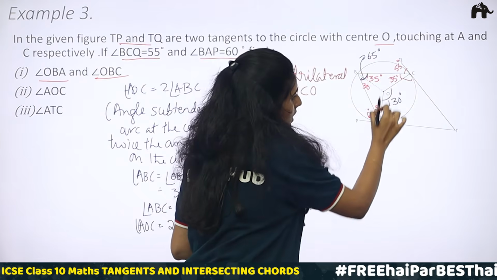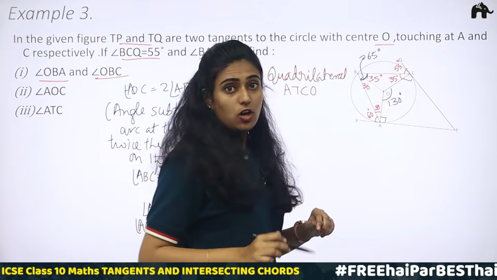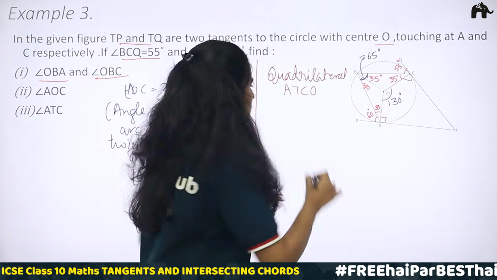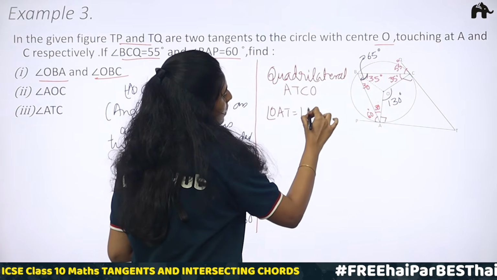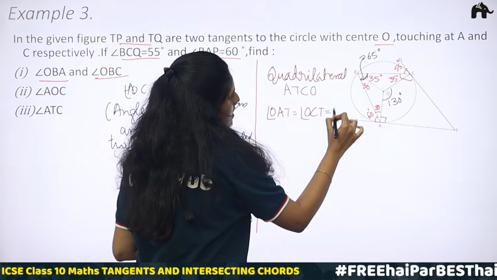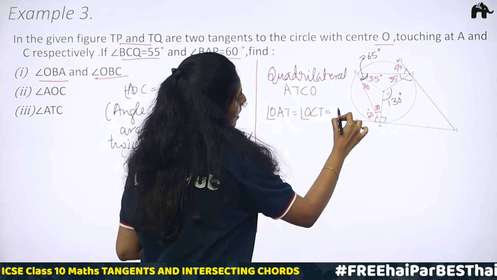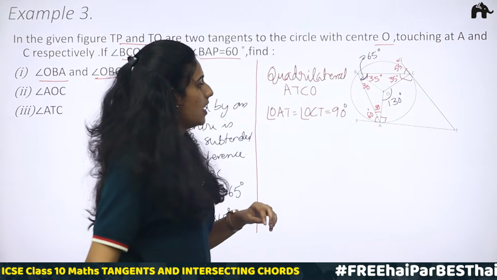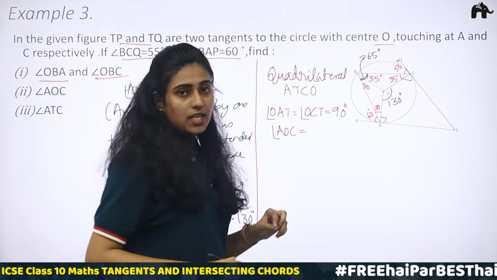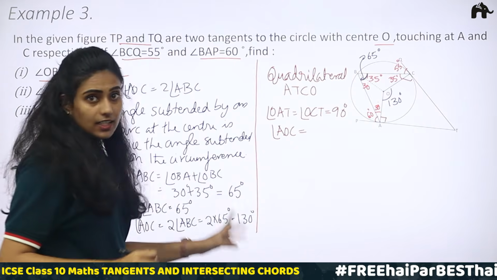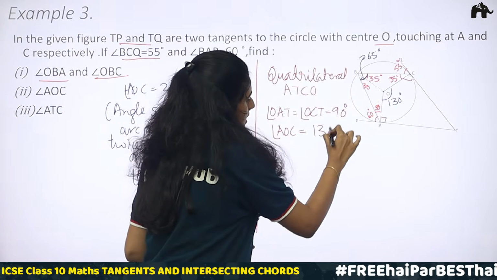Because the angle between the radius and tangent will always be equal to 90 degrees. Therefore, angle OAT equals angle OCT, which is 90 degrees. And AOC, which we have determined, is 130 degrees.